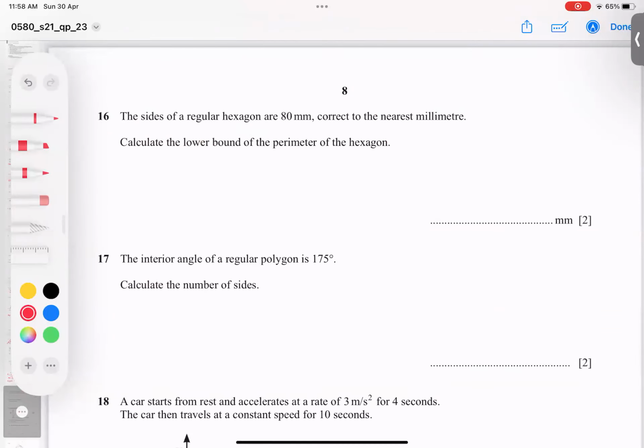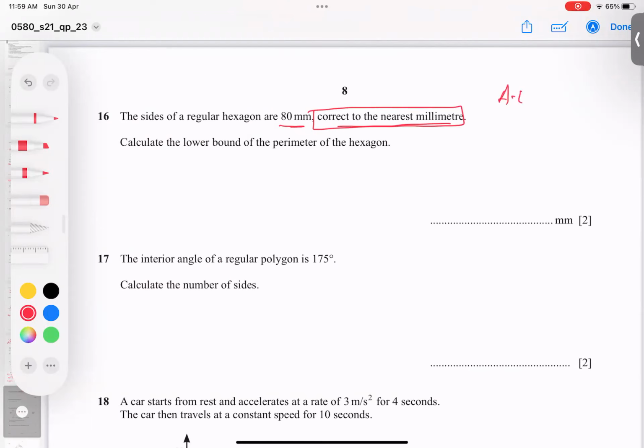A regular hexagon has sides of 80 millimeters, correct to the nearest millimeter. Whenever "correct to" comes, this is called absolute error.